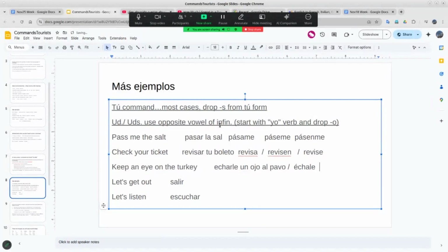Bien. I guess if you had a bunch of people in the kitchen, we're going to use opposite vowel. Echar is an AR verb. Echen, ¿sí? You know what? You're going to hear échale usually to somebody that you know. People you don't know aren't going to be watching your kitchen that much.